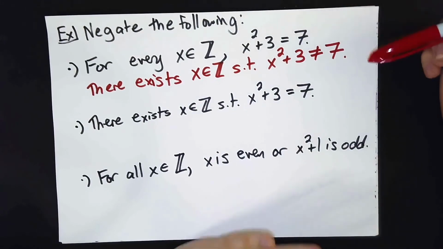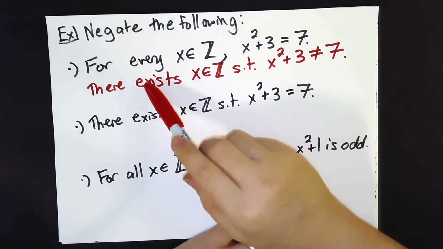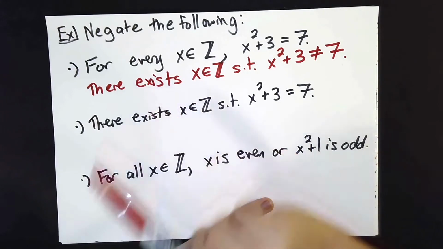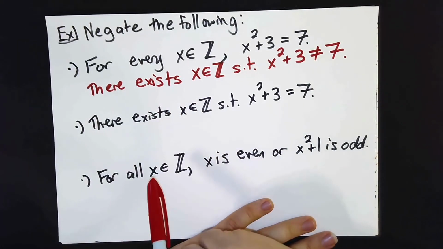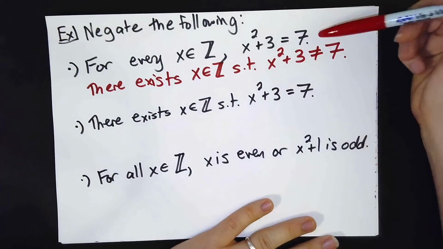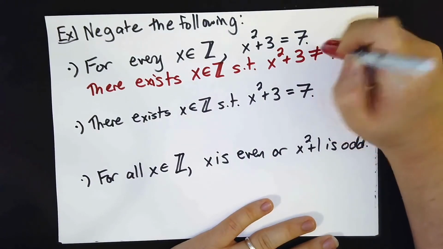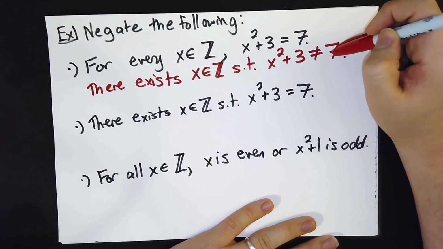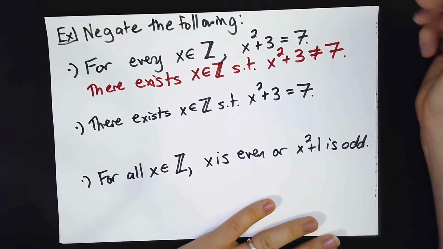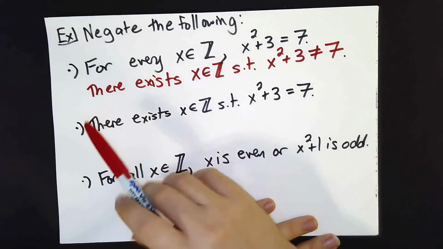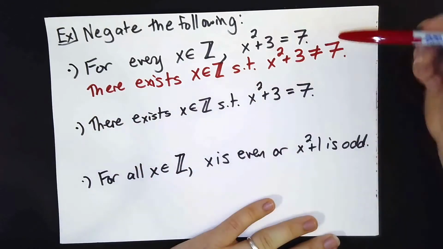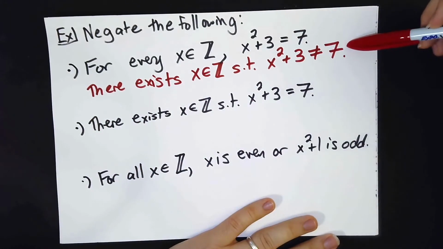Now, here's a hint. Whenever you write down a statement and its negation, it had better be the case that one of them is true and one of them is false. If you write down a statement and its negation, and they're obviously both true or obviously both false, something has gone horribly wrong. In this case, though, which one is true, the statement or its negation?